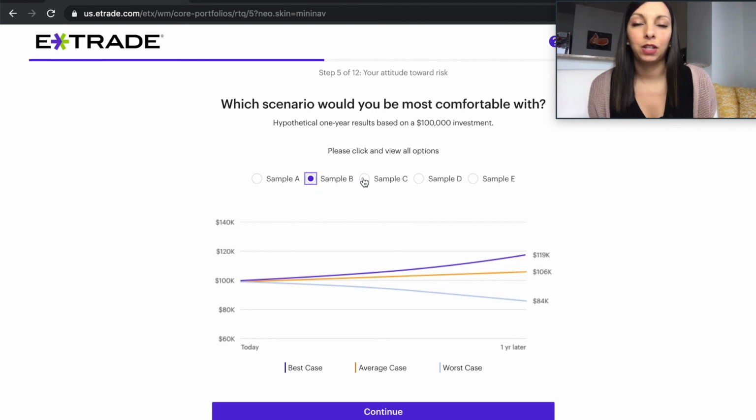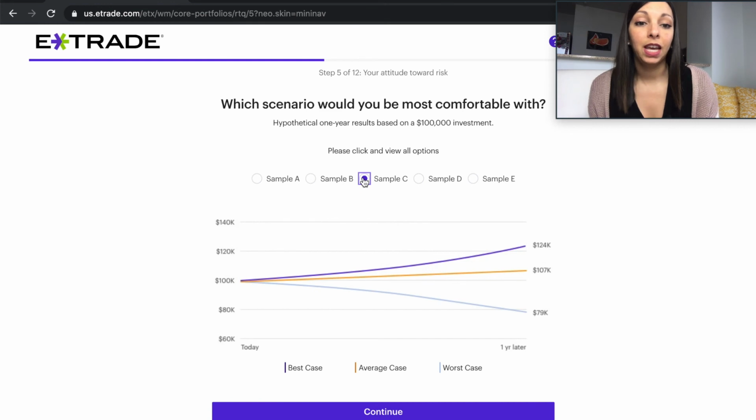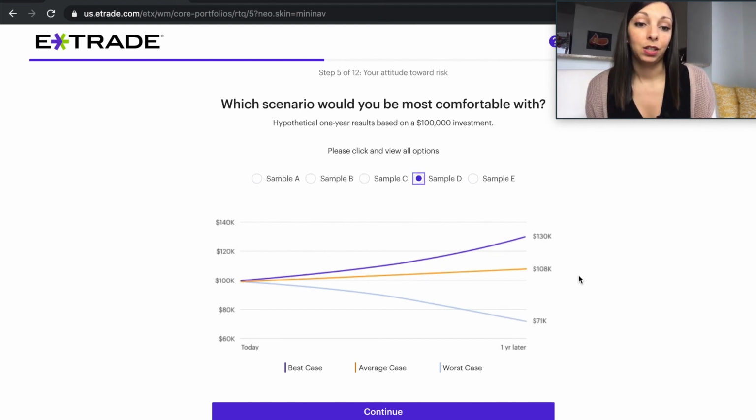They're asking these questions to assess your level of ability to take on risk. Portfolio C, you have 107,000, or in a really good case, 124, or 79,000 in a bad case. In this one, it's 108, 130, or 71. So you want to really get in tune with that downside number.